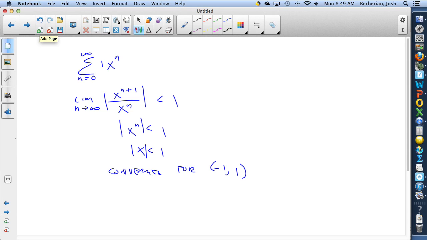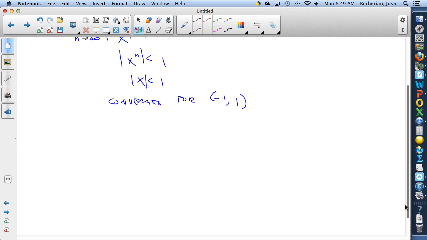And here's some vocabulary. I would say centered at x equals 0 with a radius of convergence of 1.